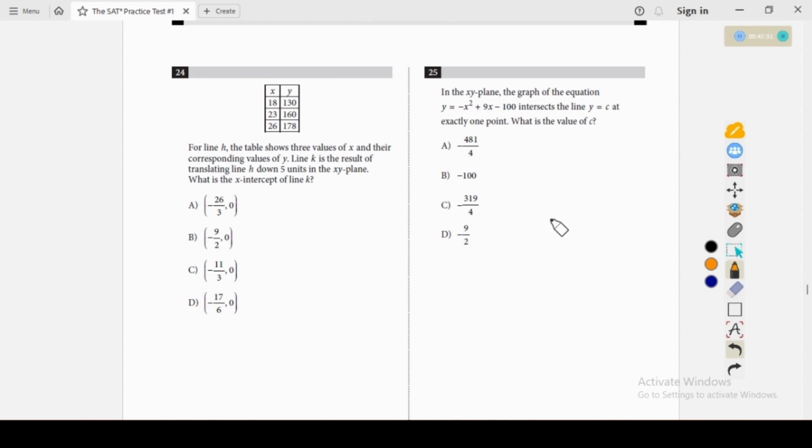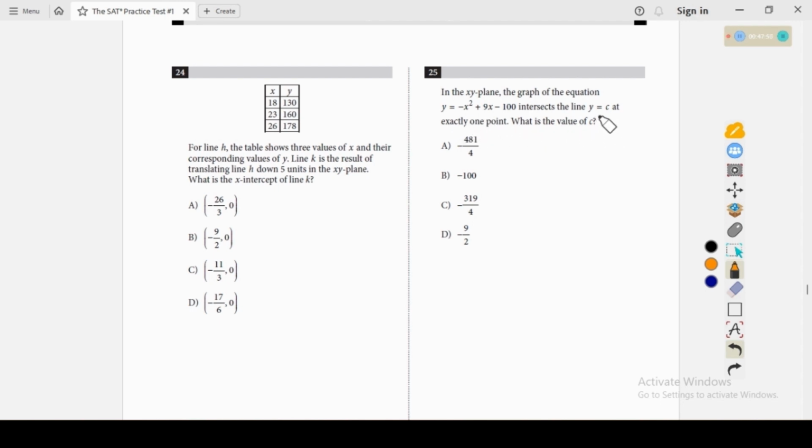In question number 25, in the xy plane, the graph of the equation y equals minus x square plus 9x minus 100 intersects the line y equals c at exactly 1 point. What is the value of c?